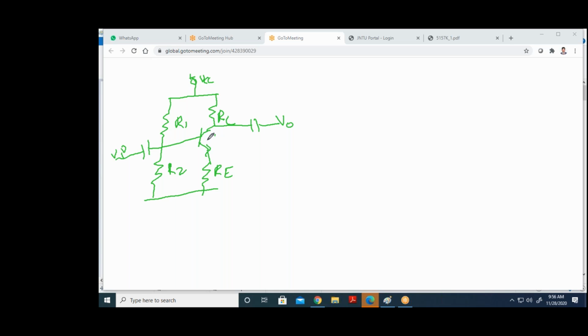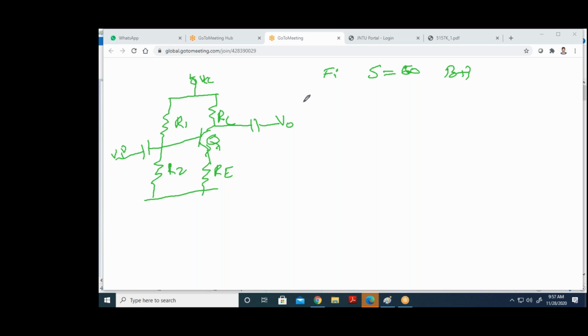Understood? Catch my point. This voltage divider bias, all biases, fixed bias, collector to base feedback, emitter resistor bias, voltage divider bias, all we have done without input signal. We have found out the stability factor. In fixed bias, stability is more than 1, almost 60, because beta plus 1.